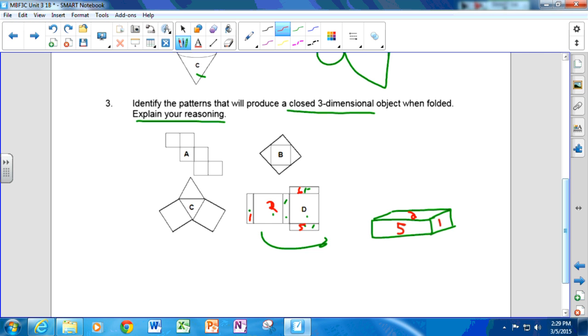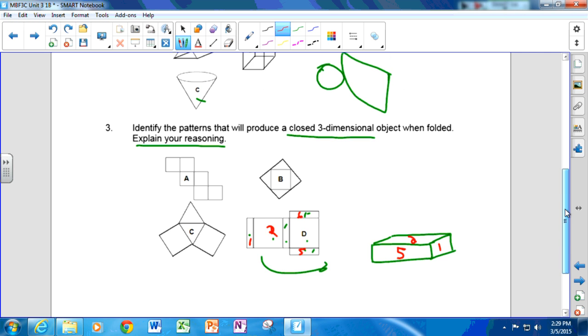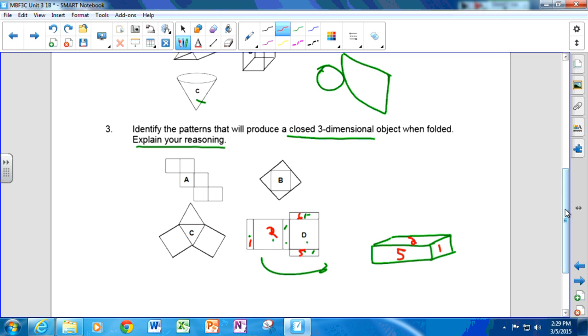And you could try, how about something like this? If you were to fold this flap up and that flap up, the thing is that they don't form a point. These two flaps would overlap each other.